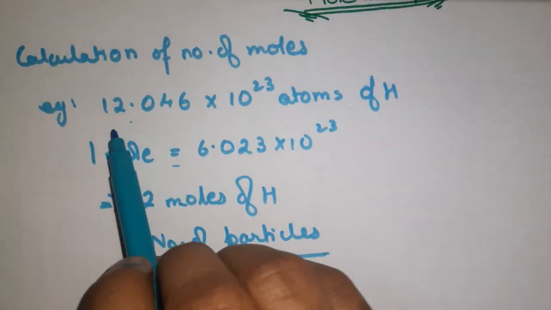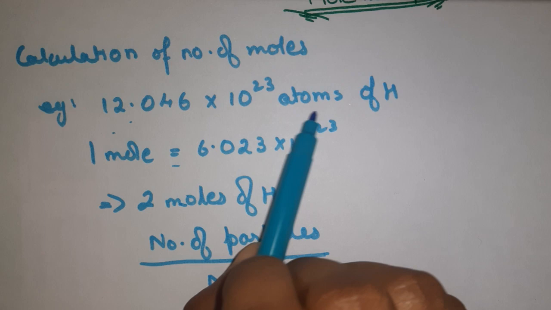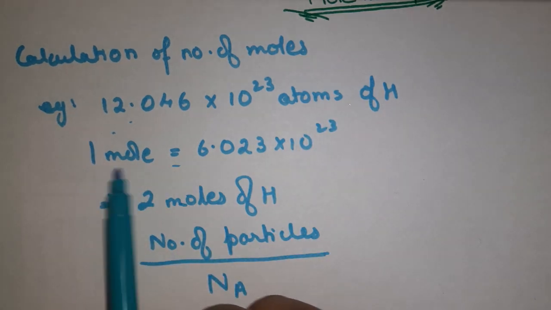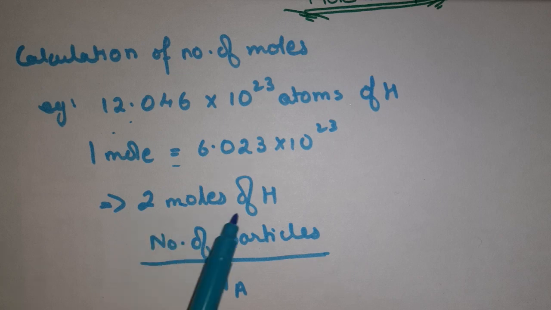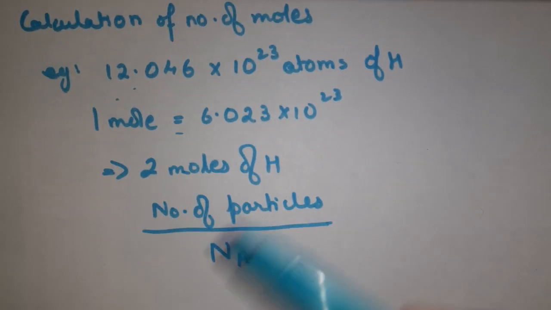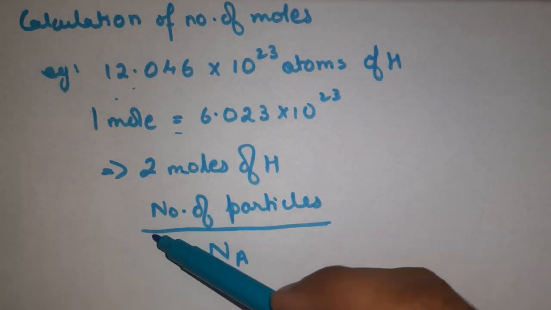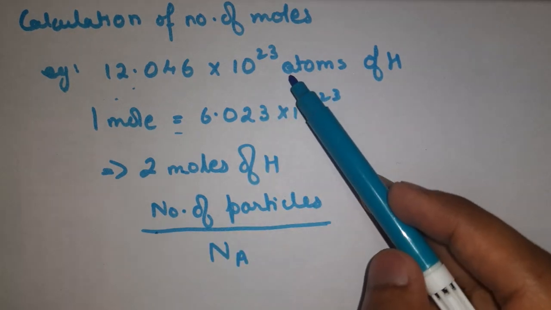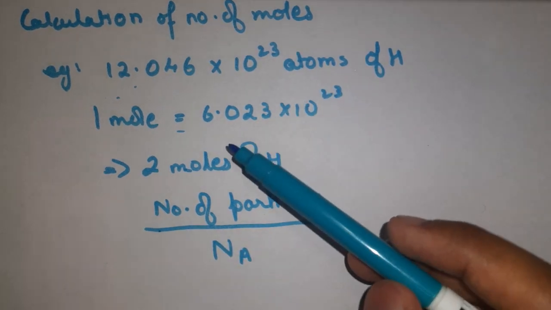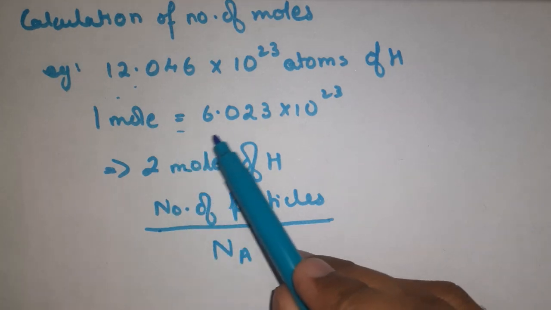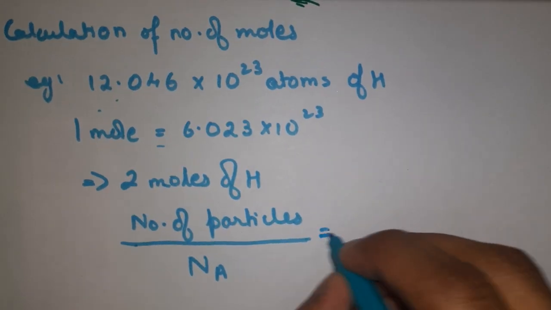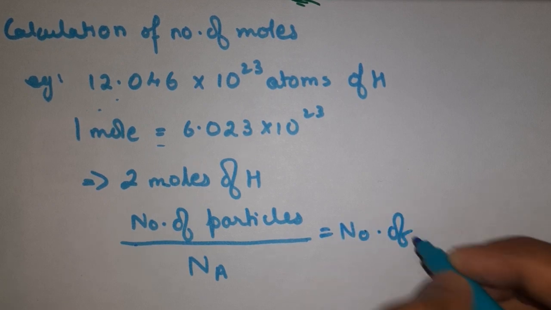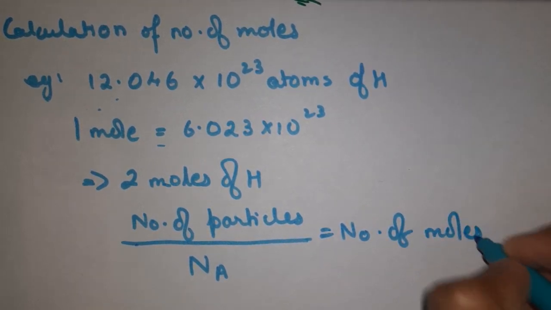I had these many atoms of hydrogen, and in a mole there are these many particles, so that implies there are 2 moles of hydrogen. So what you did there was dividing the number of particles that we had, 12.046 into 10 raised to 23, with the number of particles in a mole, and that way you got the number of moles, right?